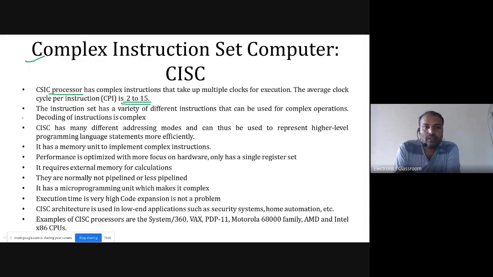So what it does, it makes the decoding of instruction complex, since I do not know after how much time I will have the exact meaning of the instruction.